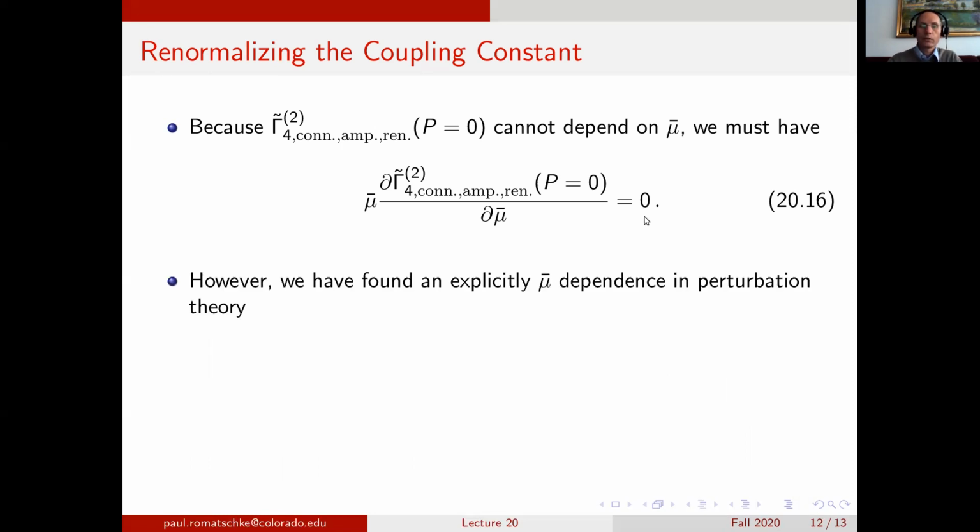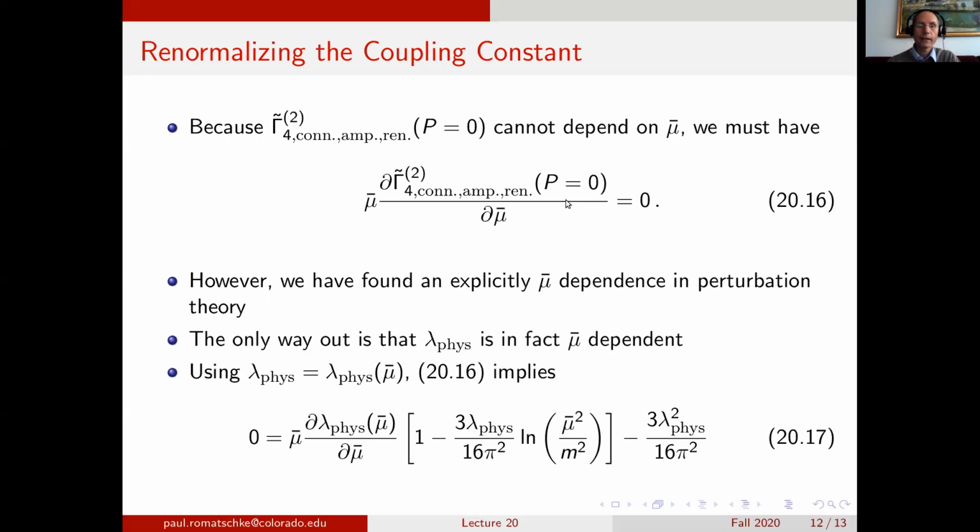In order to cancel the explicit dependence that we found on mu in this result here, lambda physical has to be dependent on mu bar, and if we set lambda physical to be a function of mu bar, we find that lambda physical has to fulfill the following differential equation. This is just plugging in lambda physical of mu in the expression for the connected 4-point function and taking this derivative here.